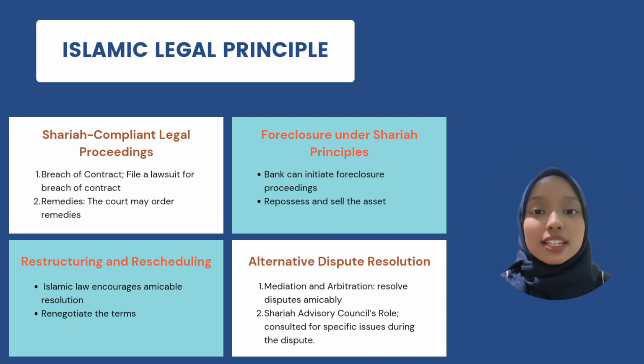And the last one is alternative dispute resolution, ADR. Mediation and arbitration is a solution to resolve conflict without having to go through a long and expensive court process. This method is required under Sharia to resolve disputes amicably.